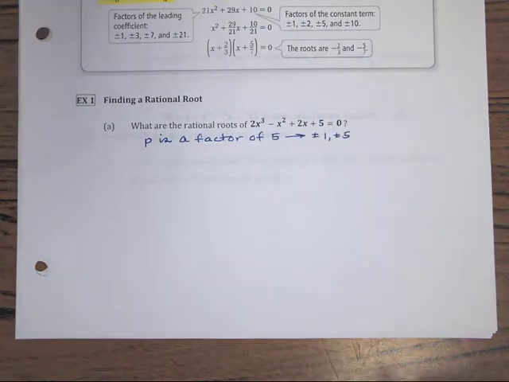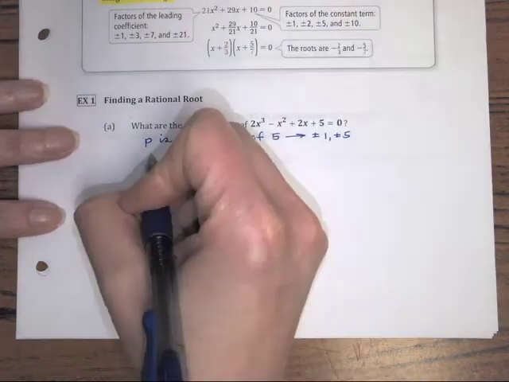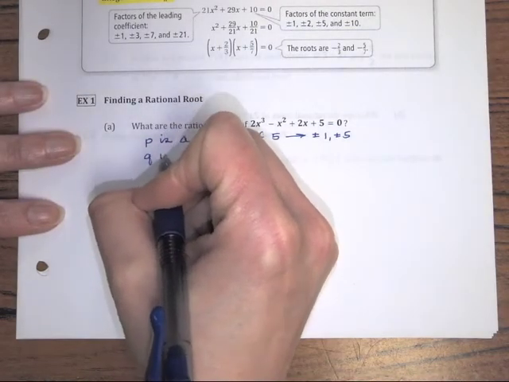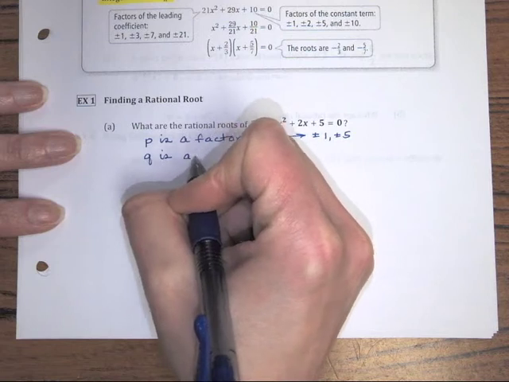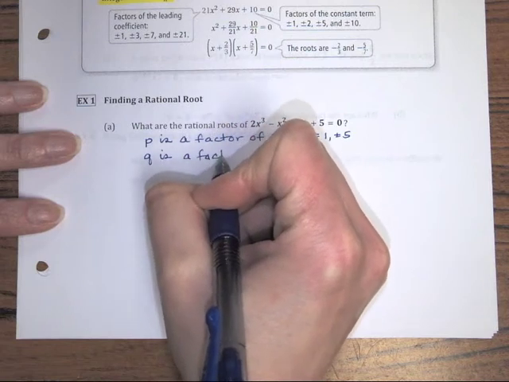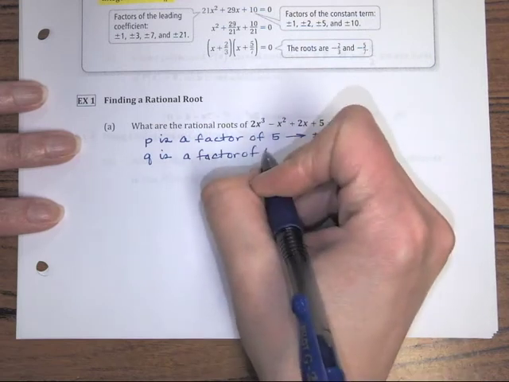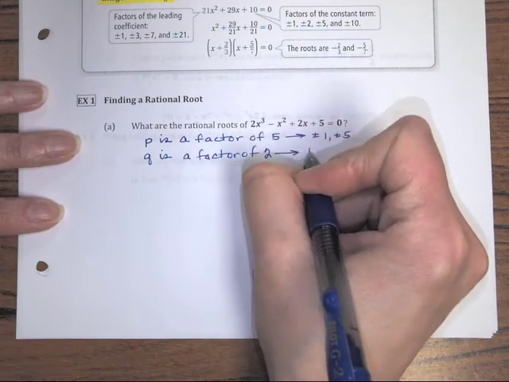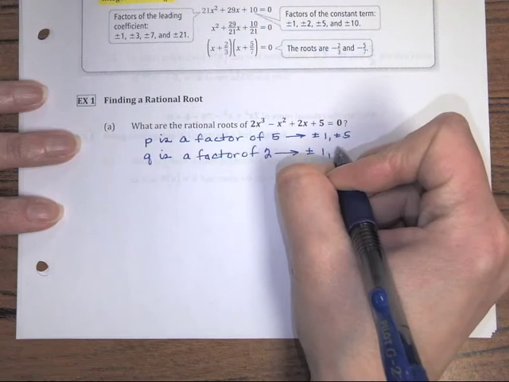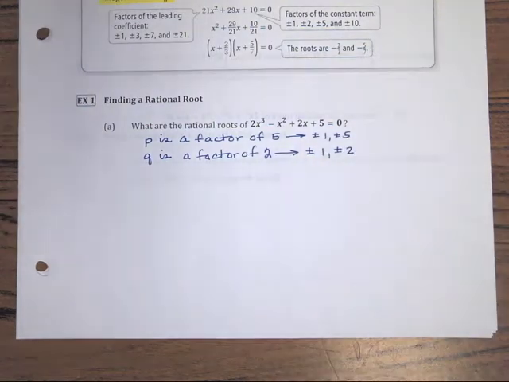It's always plus or minus because it could be either one. And Q is a factor of our leading coefficient, 2. So that's plus or minus 1 and plus or minus 2.